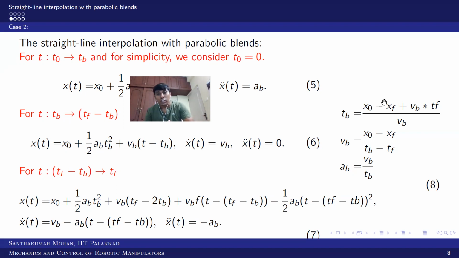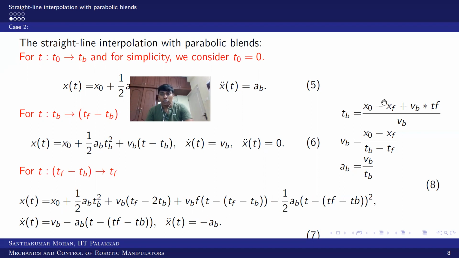For example, you have an actuator restriction. The actuator cannot generate beyond a certain acceleration, so that can be considered as AB. Then you can tentatively choose another variable, TB, preferably within, say, half of TF. Then we can find VB, and then we can do it. That is one thing.